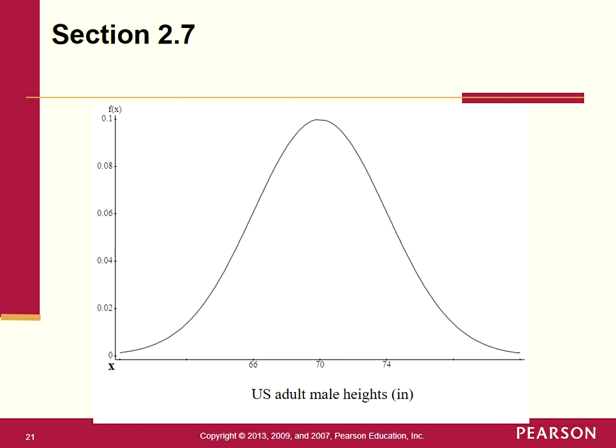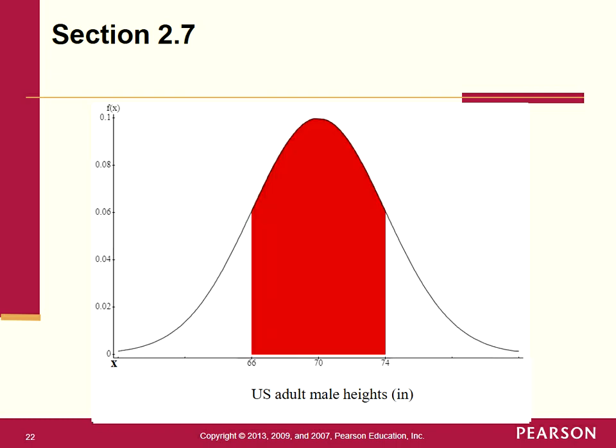So if you go back to the original statement, it said about 68% of the data should be between those 2 points. So I highlighted it, and what we're saying is that the stuff in red, the stuff in the middle, that's about 68% of the data. It's about 2/3 of the data.